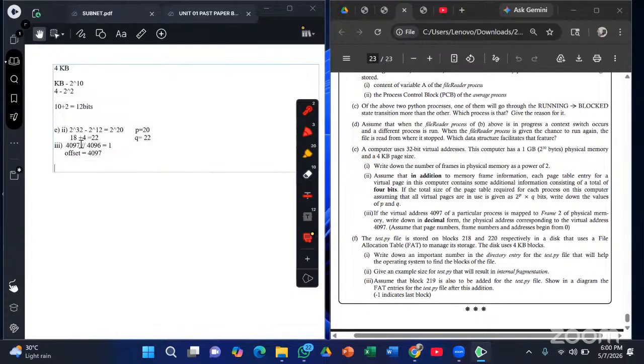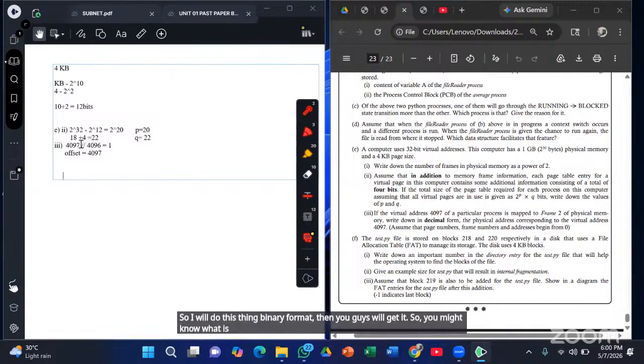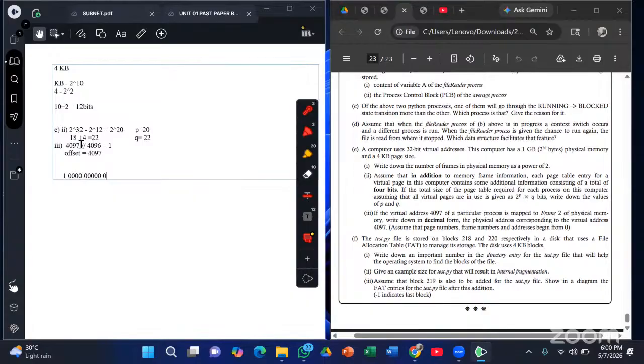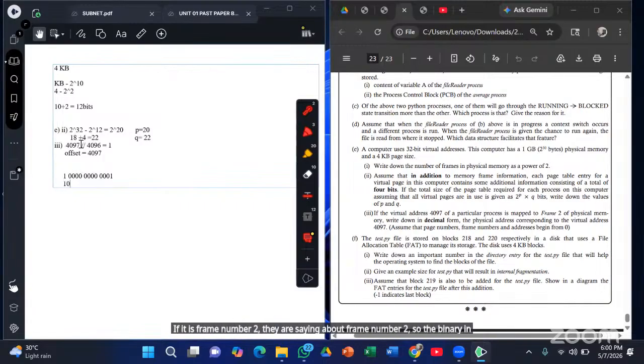So I will do this in binary format, then you guys will get it. You might know what the offset is. Over here, the page number is 1, then the offset is 0, 0, 0, 1. If it is frame number 2, they're saying about frame number 2. So how do you write 2 in binary?